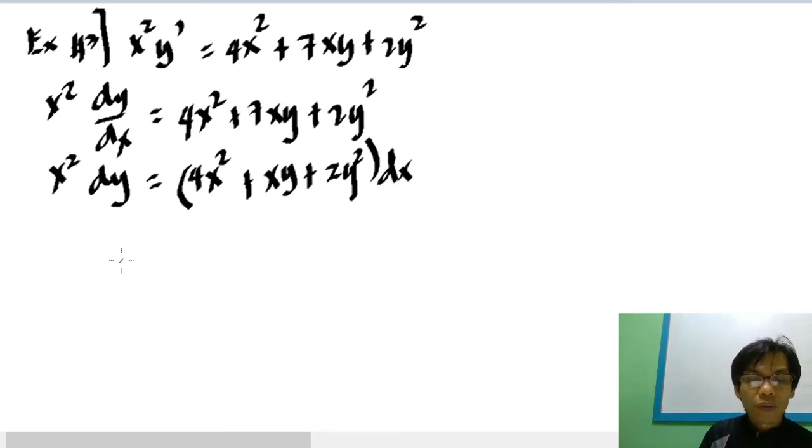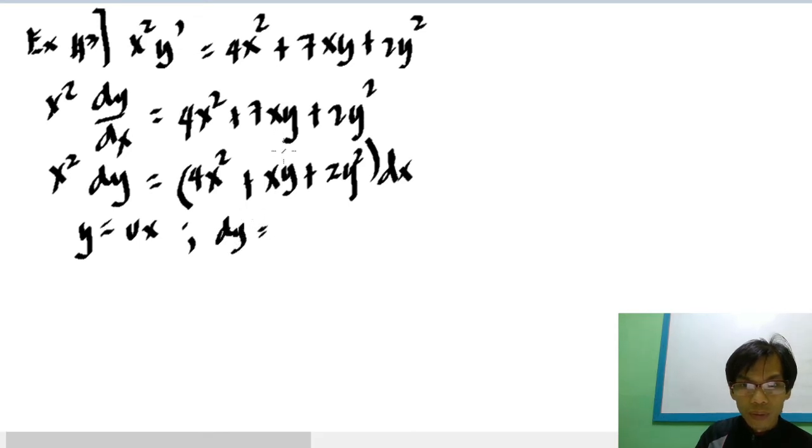In this differential equation, which variable is simpler? That's correct, y. So we put y equal to vx such that our dy is equal to v dx plus x dv.